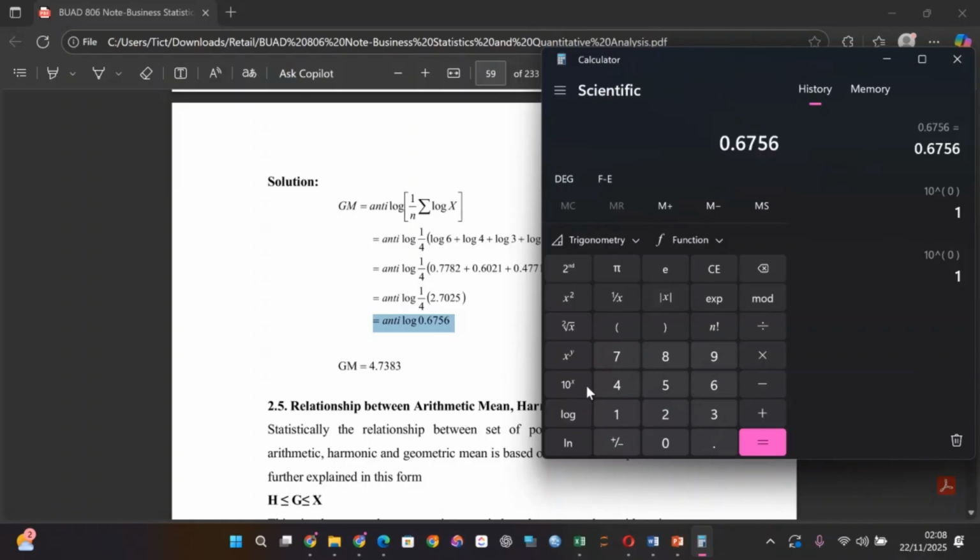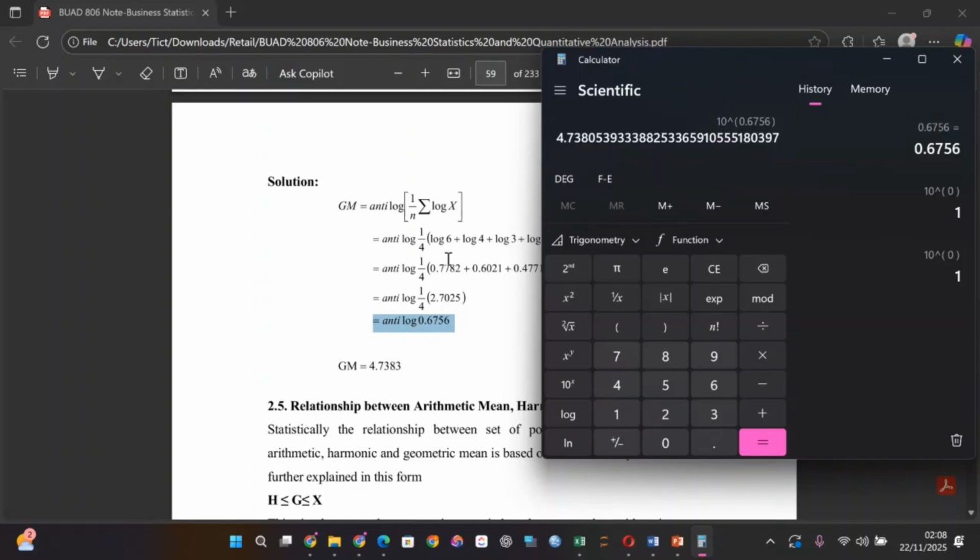Can you see the answer? So this is actually what it means for the calculator. You raise that number. So this is just the anti-log of the answer you got from here.